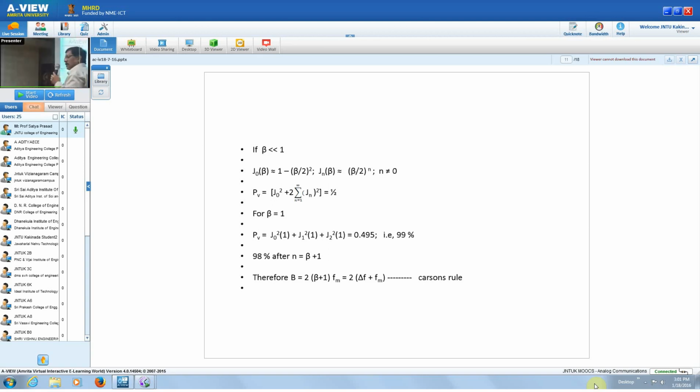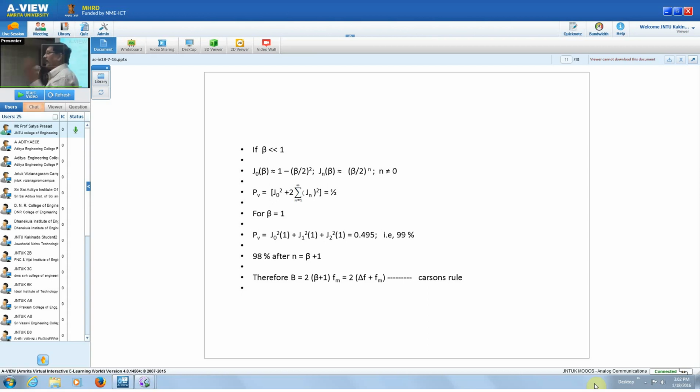That means the remaining ones, from J3 to infinity, you can suppress without any disturbance, because we are going to get 99% of the energy. Typically, if you say that n we are taking as beta plus 1, the number of sidebands we are going to take is beta plus 1. For all that, we are going to get 98% of the energy.